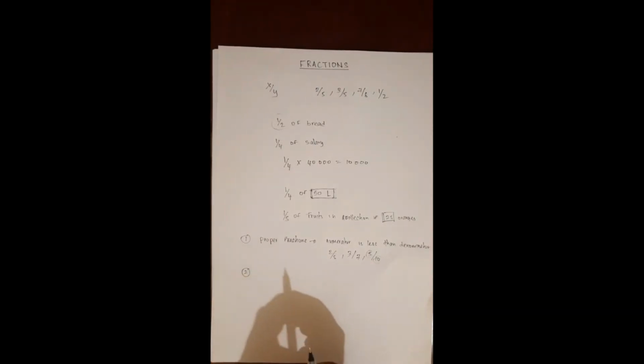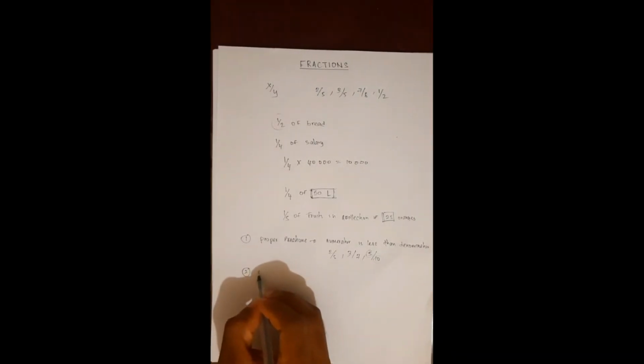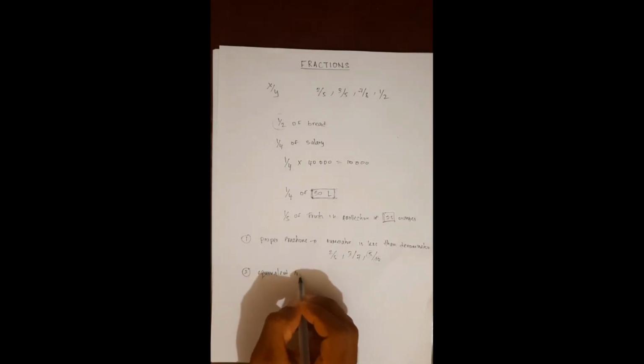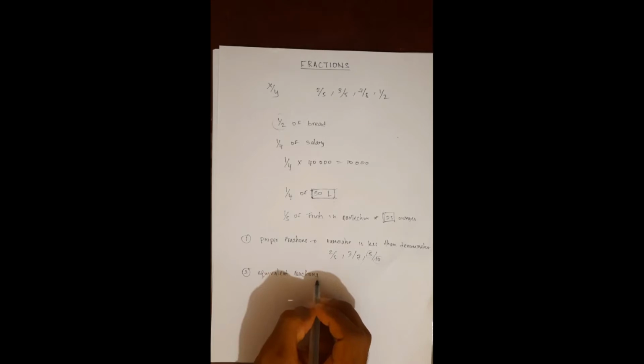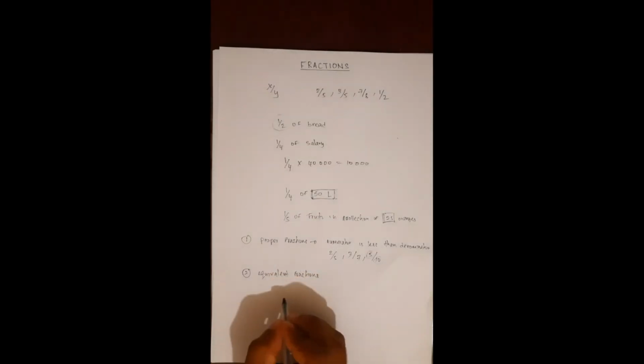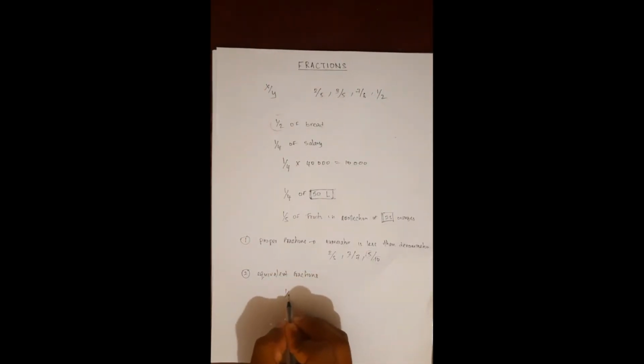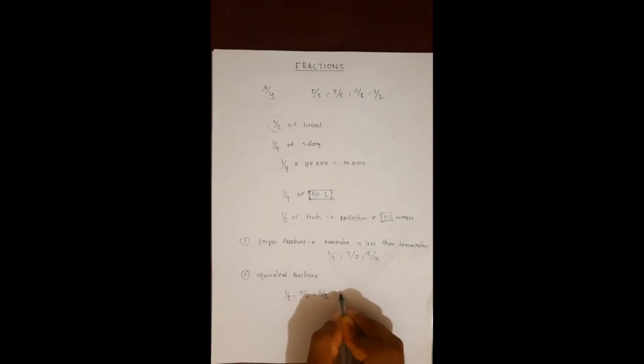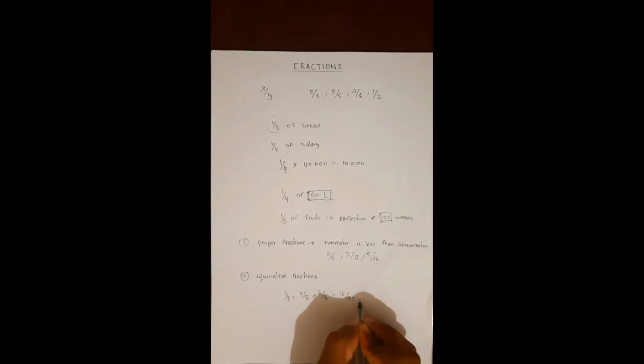And the next one is the equivalent fractions. So let's say half is equal to 4 over 8, this is equal to 8 over 16, and this is equal to 16 over 32.